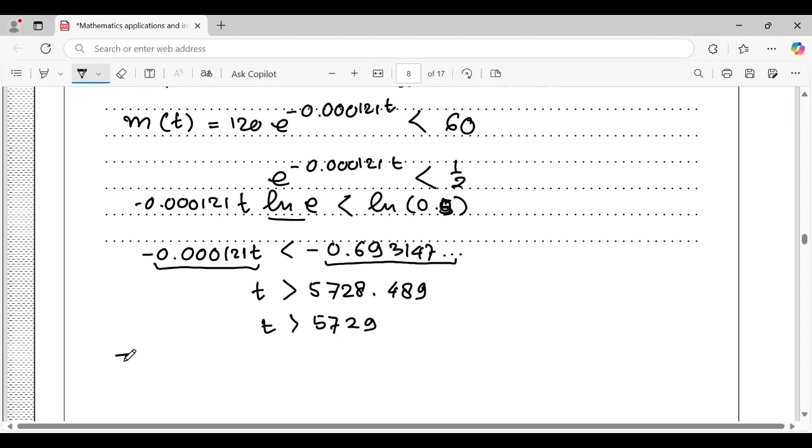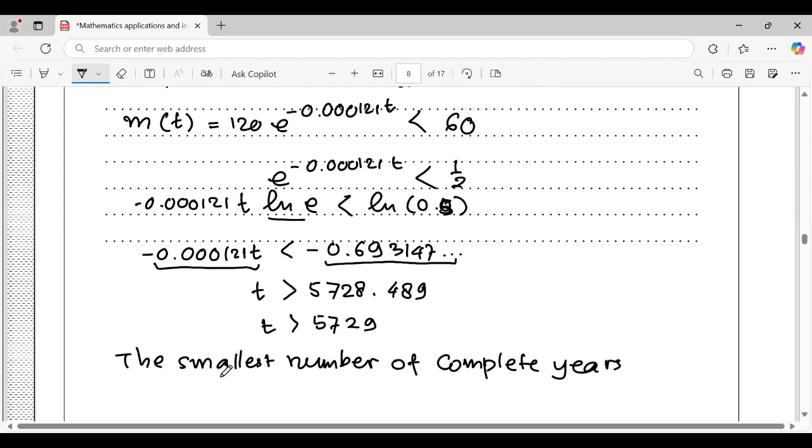We can state that the smallest number of complete years is 5,729 years.